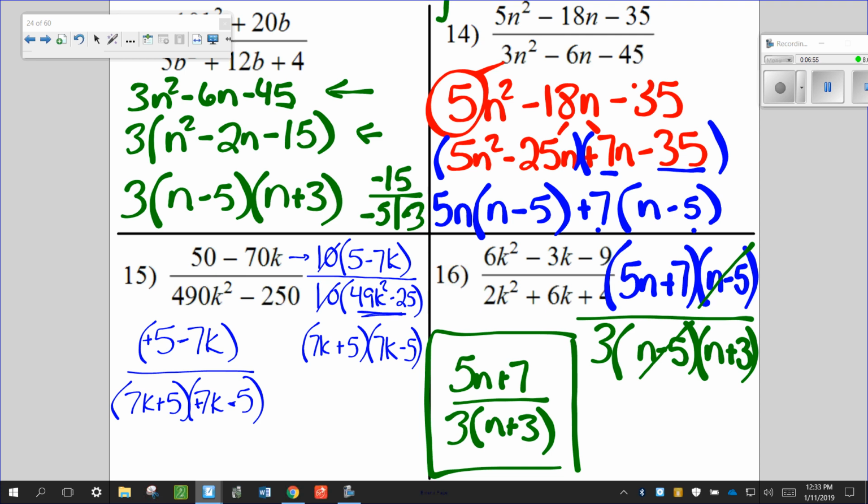So those are exact opposites, like 4 and negative 4. 4 divided by negative 4 is negative 1. So these divide out to equal negative 1. So my final answer is negative 1 divided by 7k plus 5. And that 7k plus 5 stays in the denominator where it was originally.